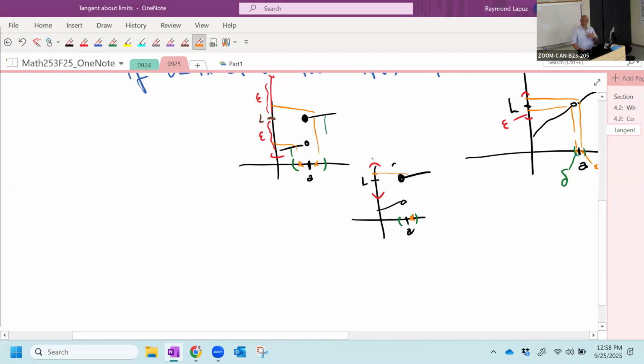And the answer in this scenario now is no, because if I put in a point over here, then I don't make it to the epsilon portion of things, right? No matter how small my delta is, I'm always going to have this portion of the graph on the left side where it's never going to make it within the epsilon that I chose.